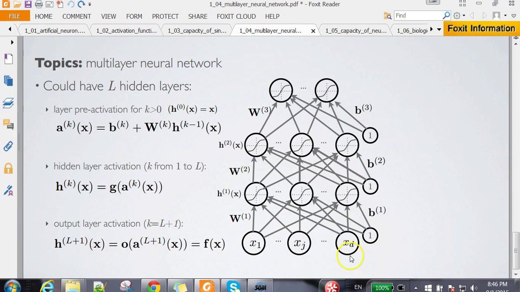We have the inputs. We multiply the inputs by weights, and that gives us a pre-activation, which we're then going to put into an activation function, just like we did before at the beginning.